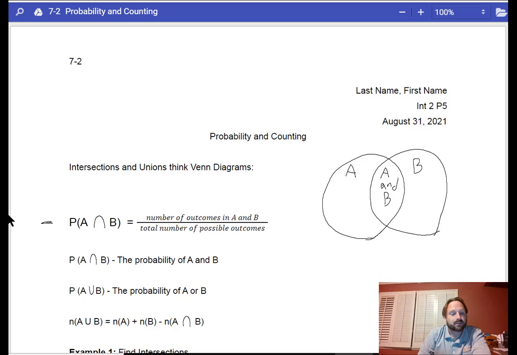Now, that's the difference between the probability of A and B and the union of A and B, the probability of A or B. That means if A happens or B happens, you win. So if I'm like, you know what, I'm really hungry, go get me a hot dog or a hamburger. If you bring me back a hot dog, I'd be happy.